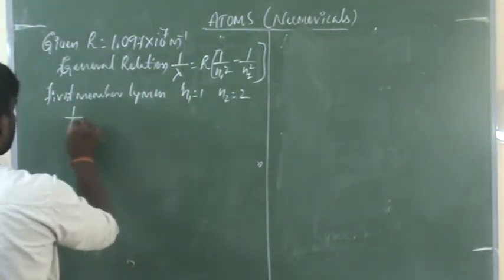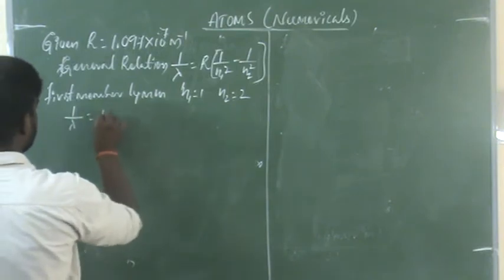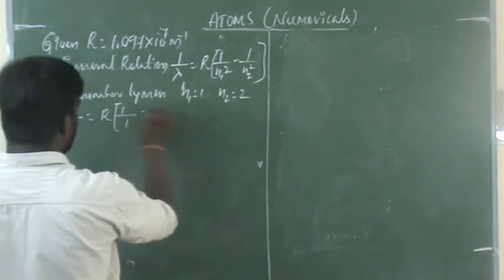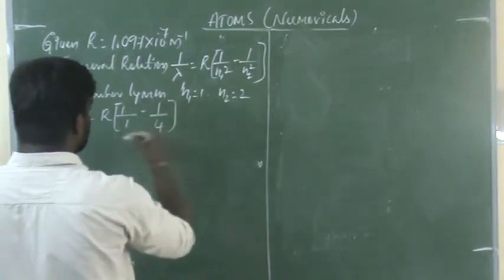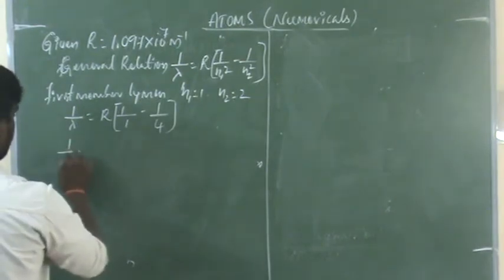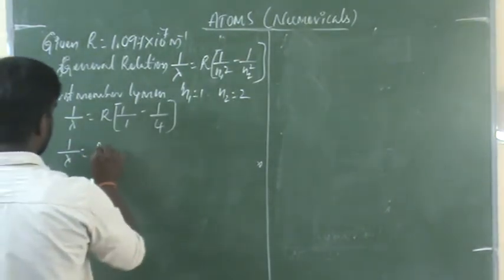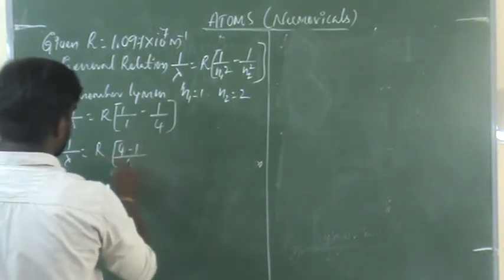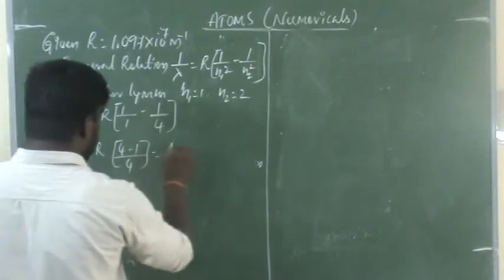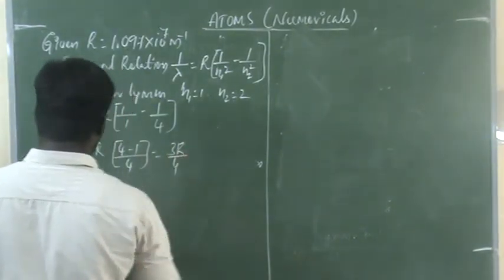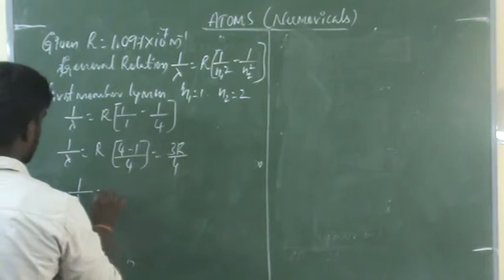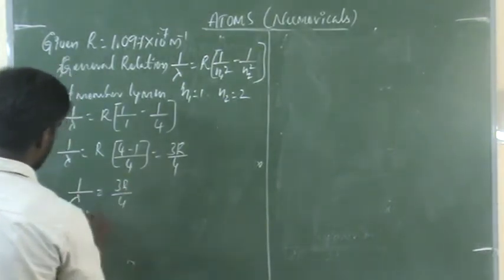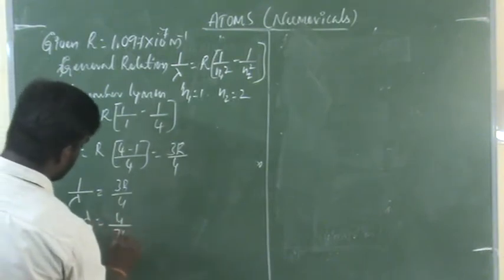Substitute those values. 1 by lambda equals R into 1 by n1 square, means 1 square, minus 1 by n2 square, means 2 square, that is 4. 1 over lambda equals R into 4 minus 1 divided by 4, that is 3R by 4, so lambda is equals to 4 by 3R.